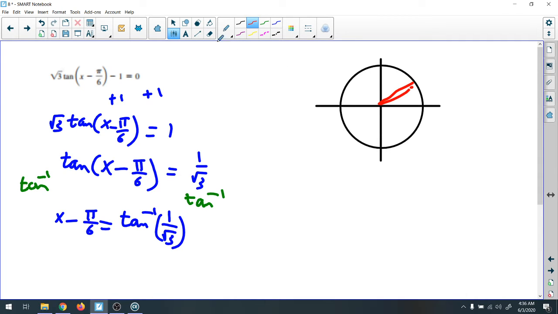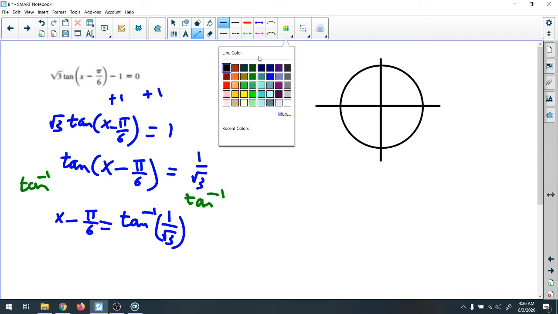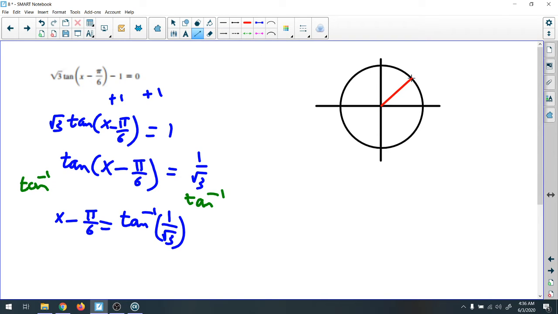Let's go over the line again. Make it a right angle, and this is our angle here. Then tangent means the opposite over adjacent. The opposite is 1, adjacent is the square root of 3.